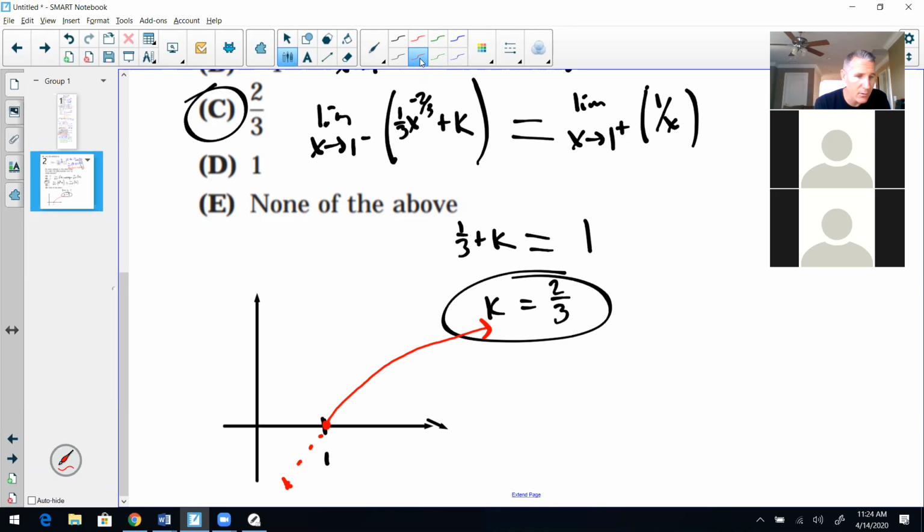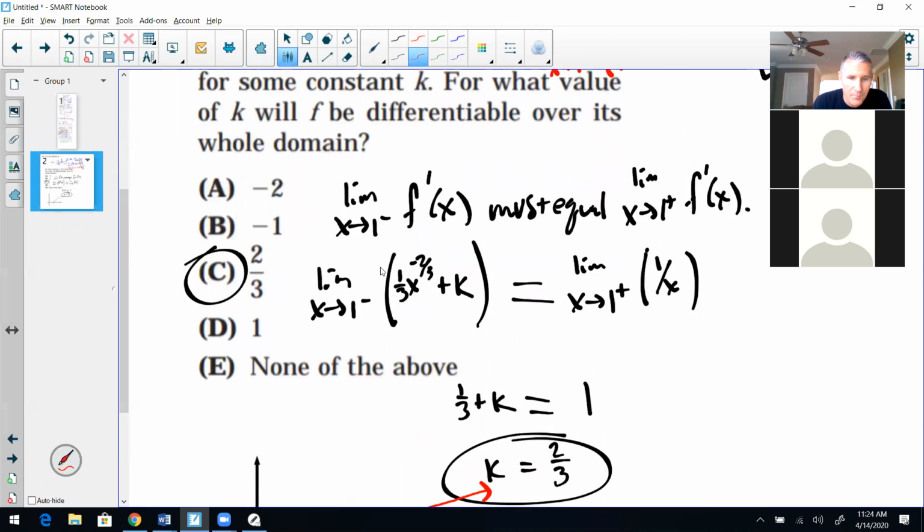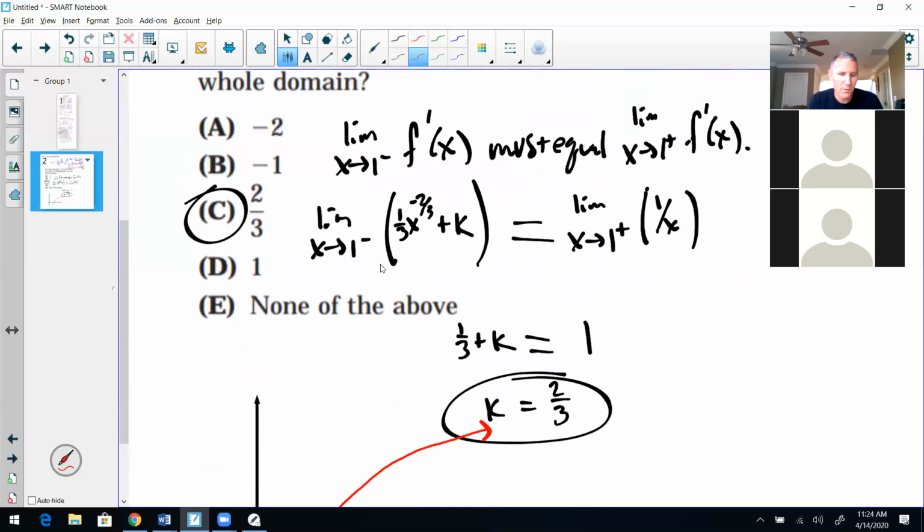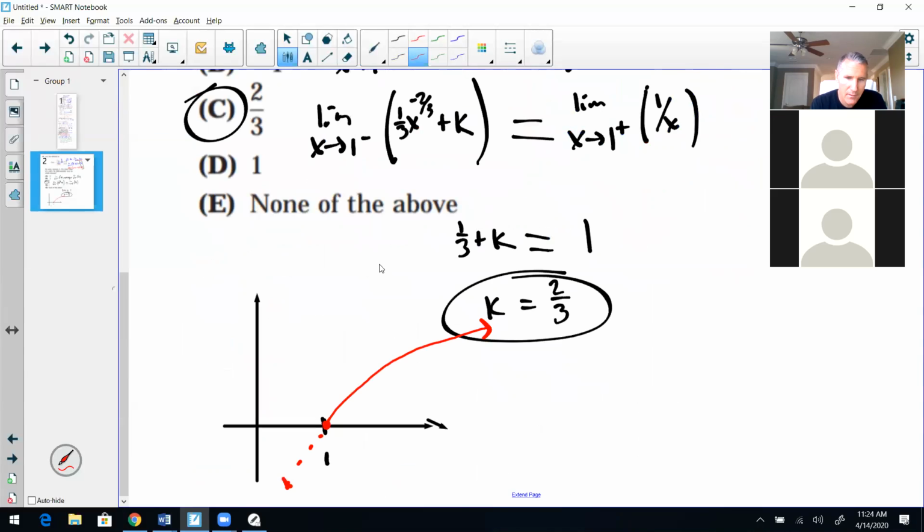But then this other guy looks like cubed root of x plus 2/3. So it's going to look like, what did I put? So the slope of the tangent line there and the slope of the tangent line there are going to be exactly the same.